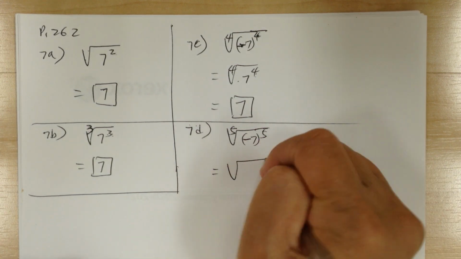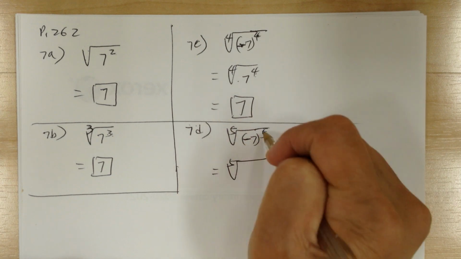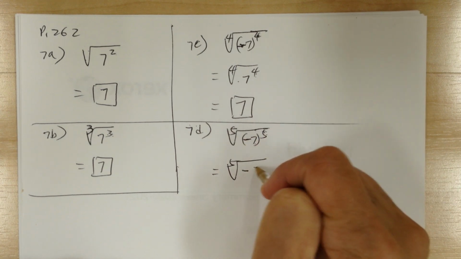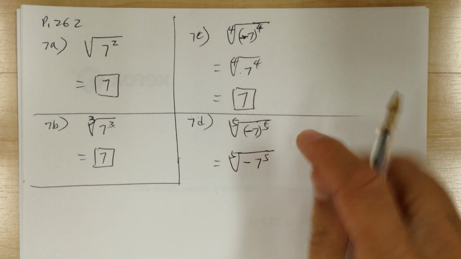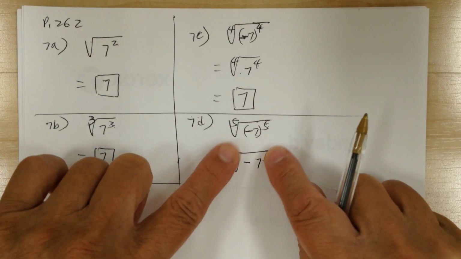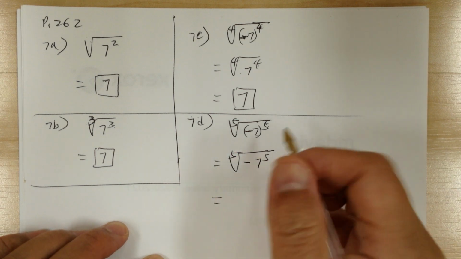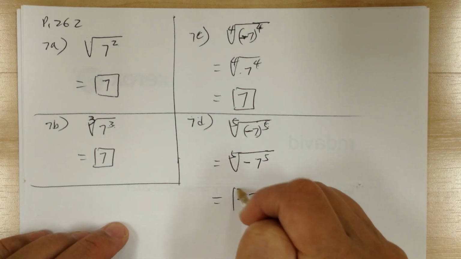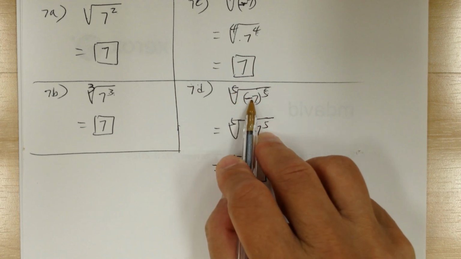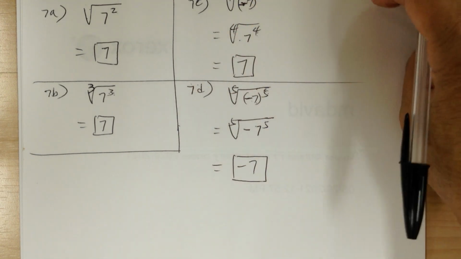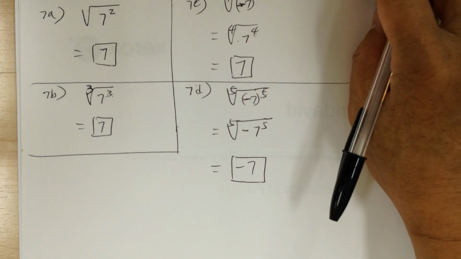So this equals negative 7 to the 5th power; first get rid of the parentheses, and then you can cancel out the fifth power, and you end up with negative 7. So if it's an odd exponent, the sign will stay the same. If it's even, the answer should be positive.